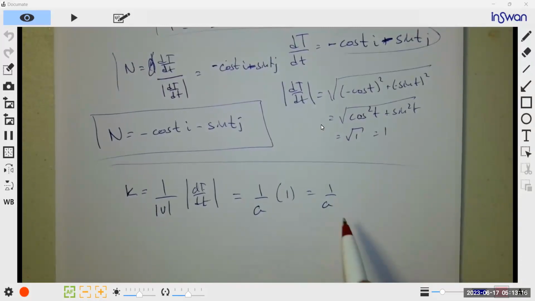So we got for ours 1 over a for our k. That's because I forgot all about b. I forgot all about b.